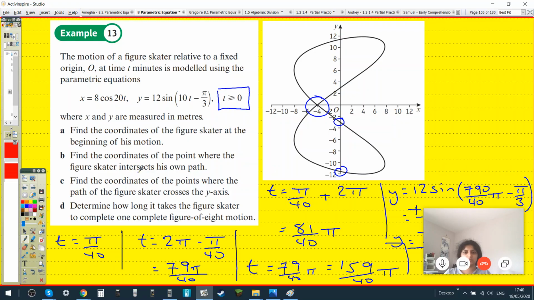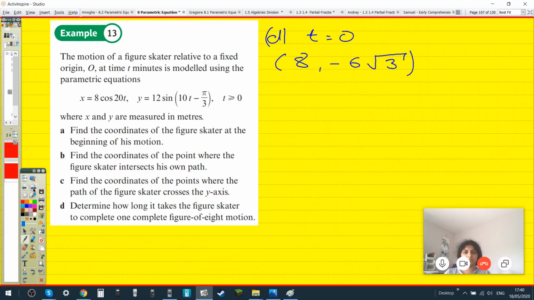Let's try a different point. Their initial point for part A, you said was 8, minus 6 root 3? Yeah. So let's use that.